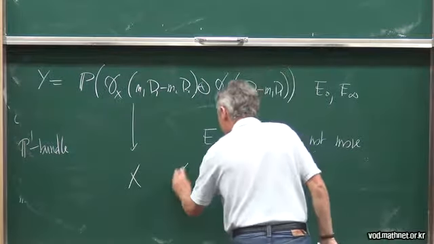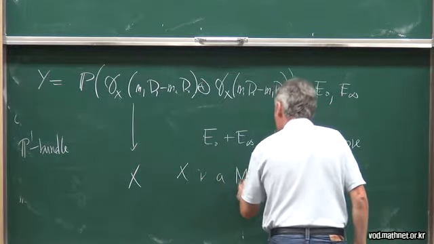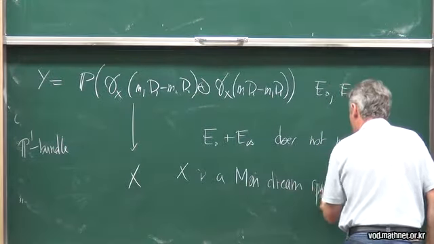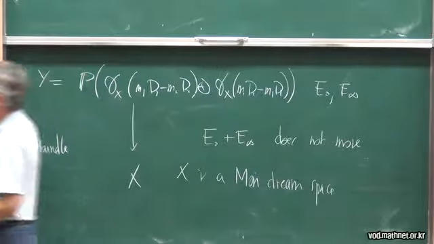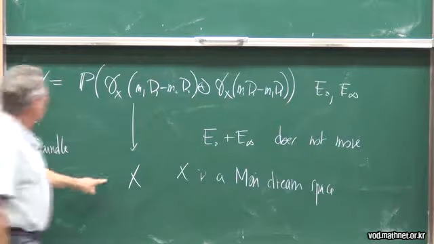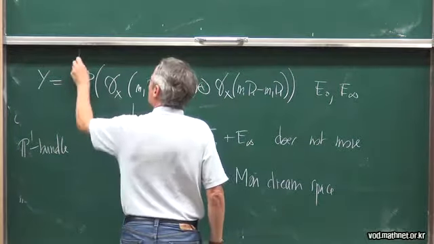But you see, X is a Mori dream space, because I'm assuming I have something Fano, and BCHM says it's a Mori dream space. In fact, you don't even need this. Really you could just assume that X is a Mori dream space. So X is a Mori dream space, so then Y is a Mori dream space.